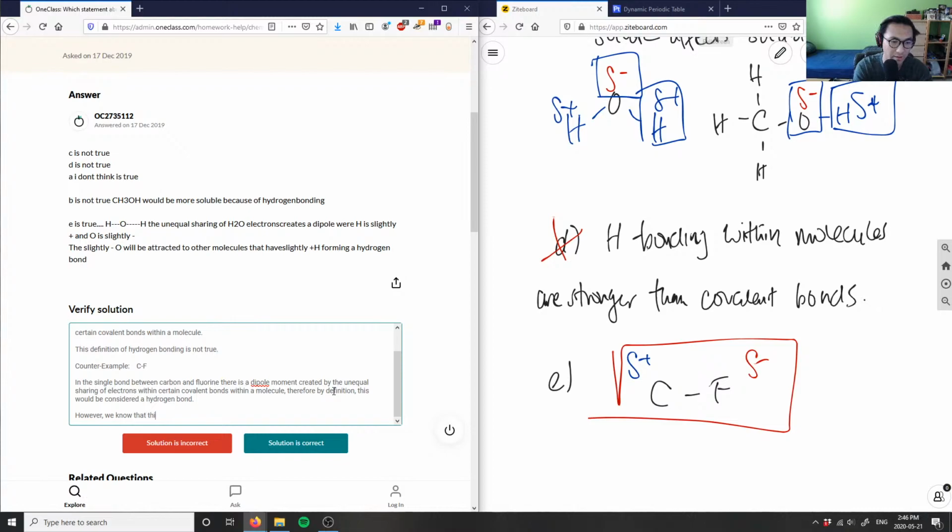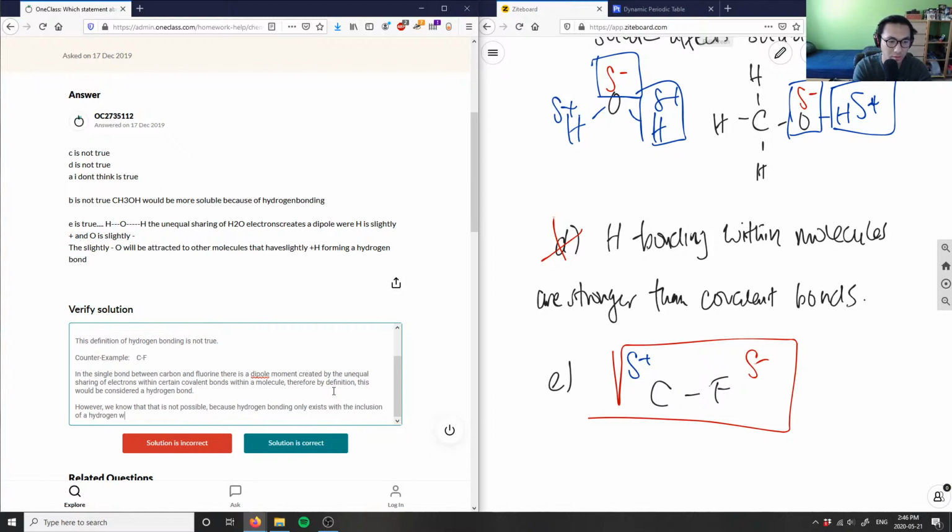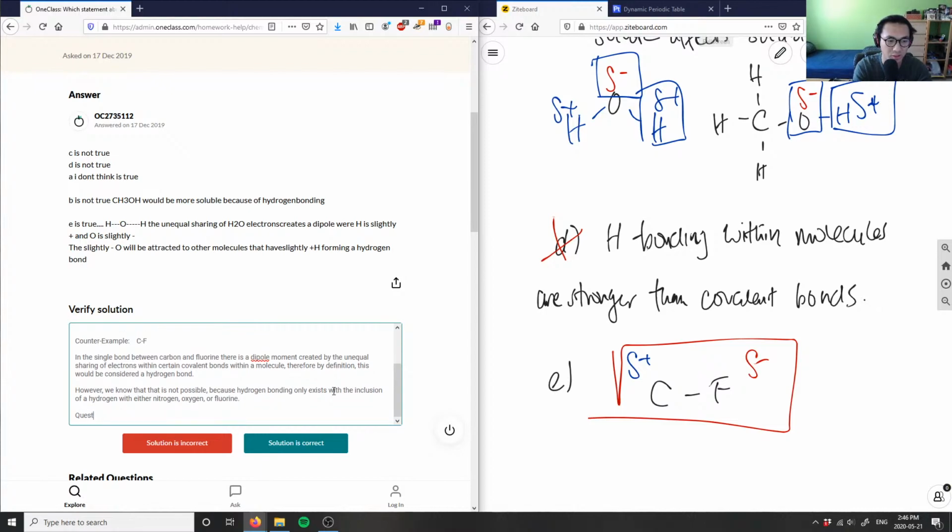However, we know that is not possible, because hydrogen bonding only exists with the inclusion of a hydrogen with either nitrogen, oxygen, or fluorine. So the question is poorly phrased, but the solution is correct.